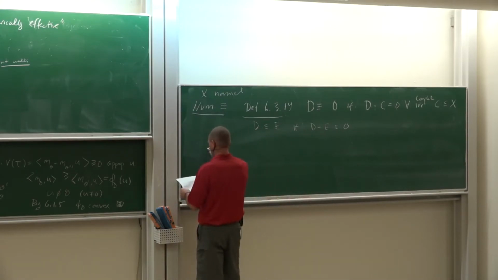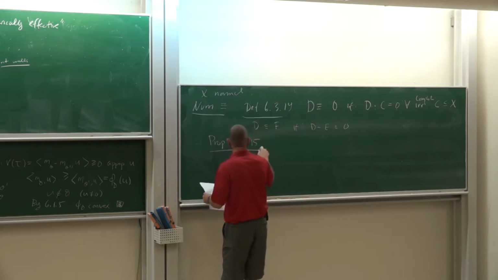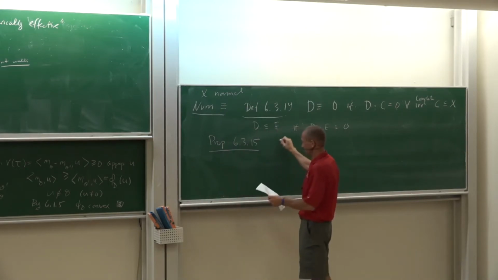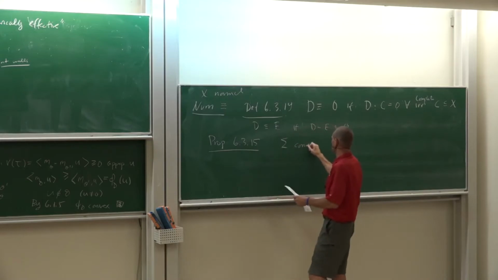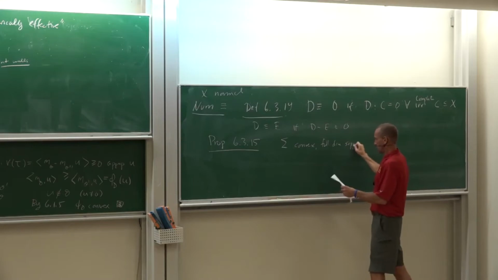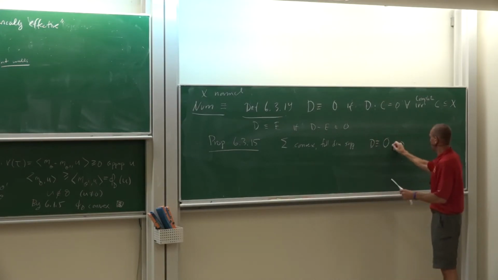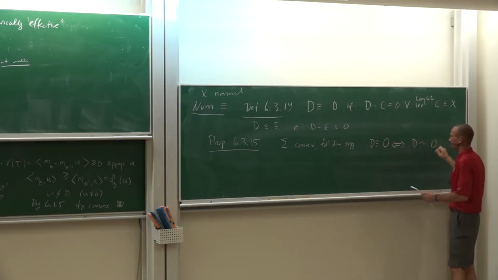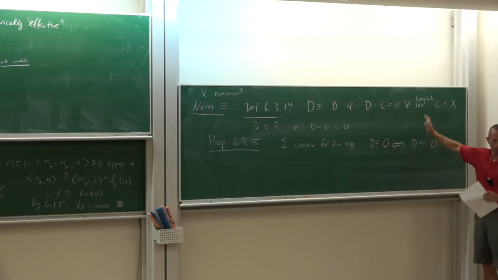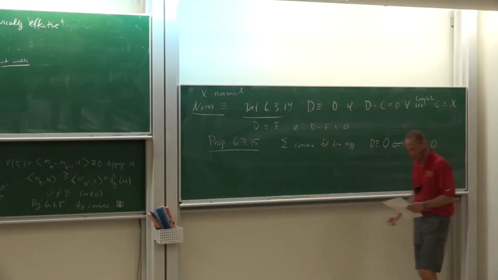Here's a nice proposition in the toric case. There's a lot of subtleties going on in general here, but in the toric case, everything is nice. So sigma convex, full dimensional support. Then D is numerically equivalent to 0 exactly when D is linearly equivalent to 0. So how nice is that? All the subtlety of numerical equivalence in the toric case is just saying that D is linearly equivalent to 0.